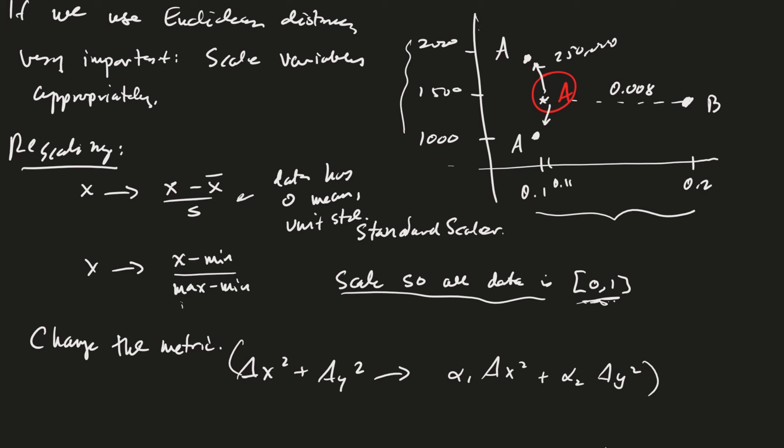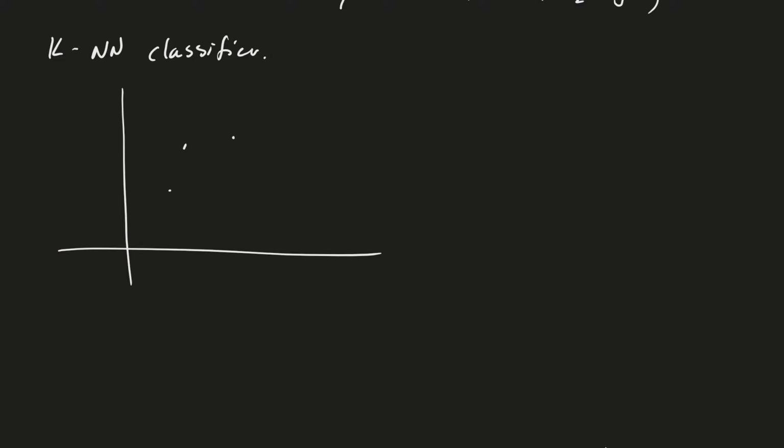Good. All right. So what we've talked about so far is just the nearest neighbor algorithm. How would we change this to the k nearest neighbor classifier? Well, the idea doesn't change by much. If this is your data with labels and this is your new point, then you find the k nearest points to that.